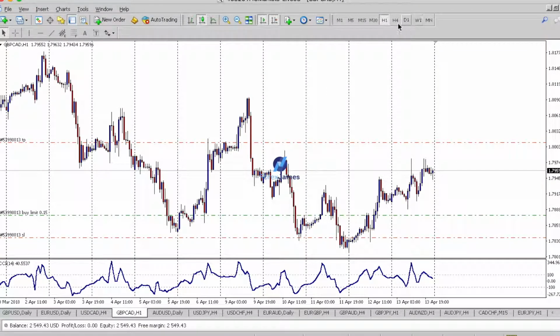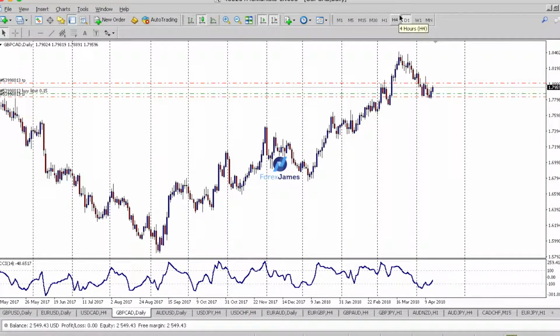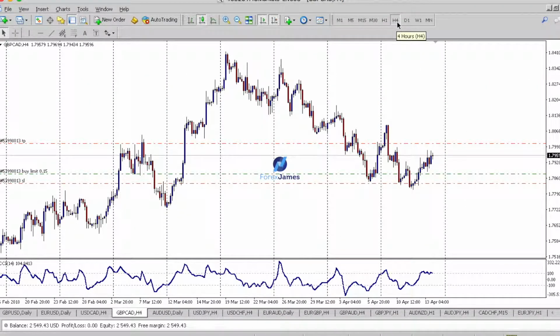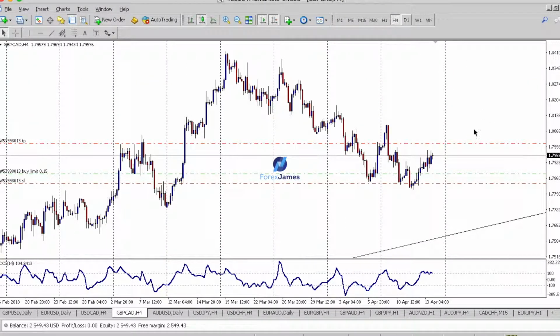Pound CAD, probably similar. My bias is to the upside here, so we're going to look for longs.